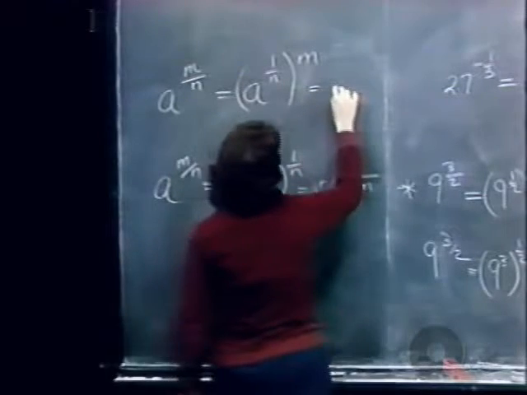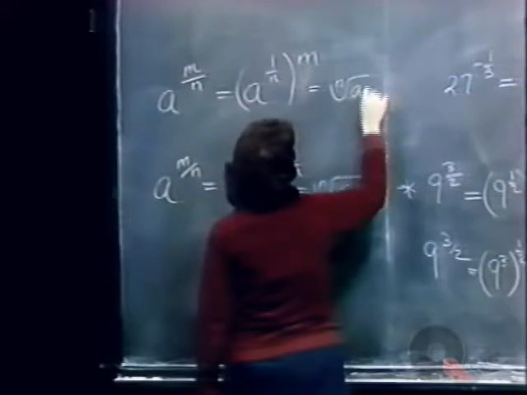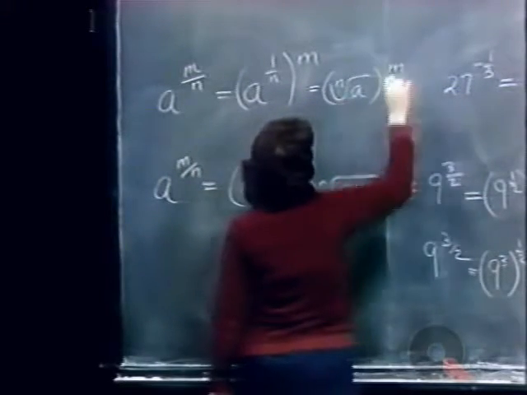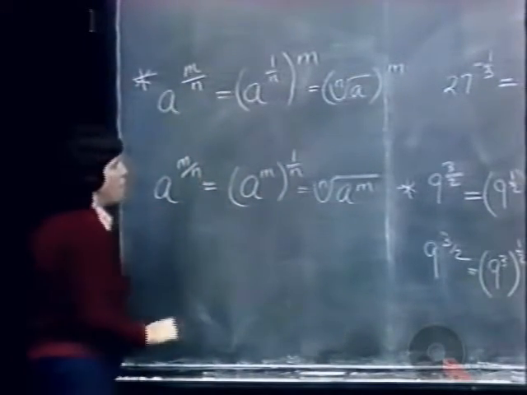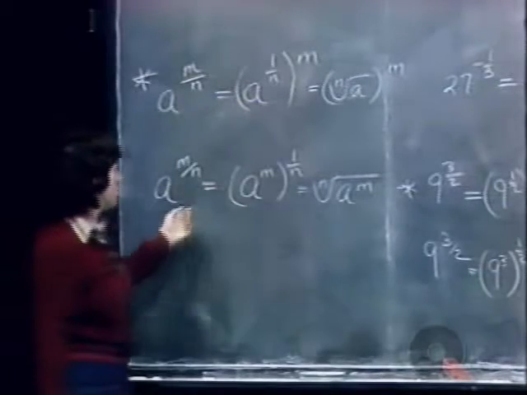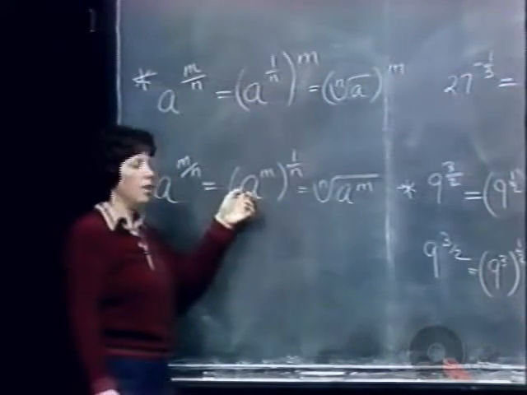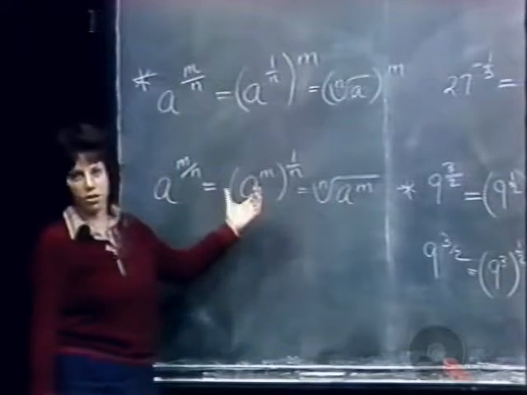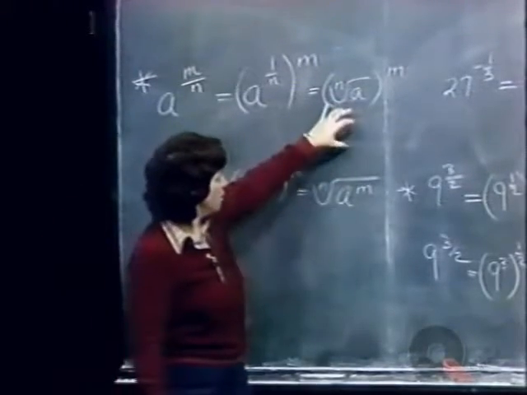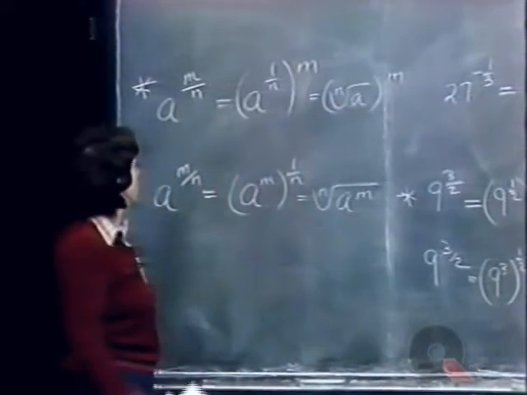This means the nth root of a quantity raised to the nth power. I would think that this is a preferable way to evaluate it. This, you first have to take something, raise it to the nth power, and in doing so, you may or may not recognize it as a perfect root. Okay, so it's preferable to think of it this way.